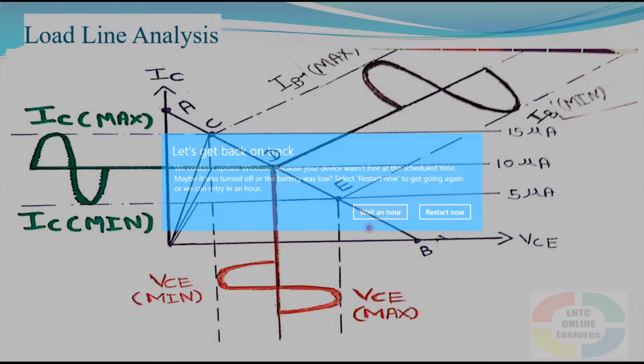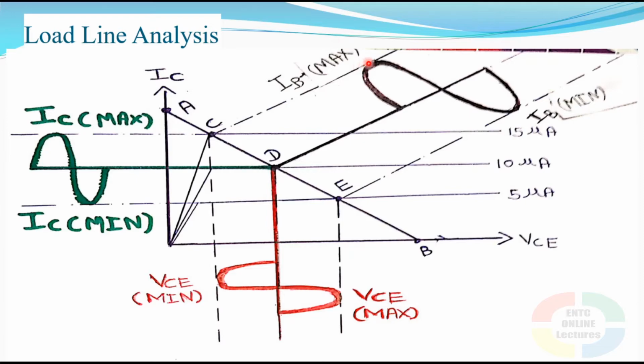Then IB starts to decrease, and it decreases up to IB minimum.